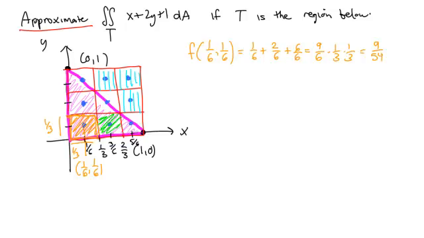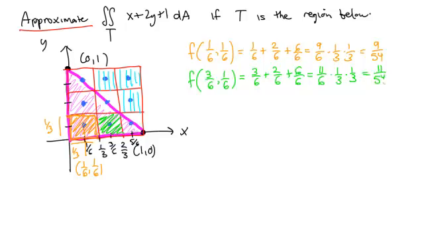Next, I could focus on the second piece. The input value here is going to be the point 3/6, 1/6. So we'll plug that into the function to find its height. The height will be 3/6 plus 2 times 1/6 plus 1, which is 6/6, which will give me 11/6. Then, that's the height of this particular rectangular prism. The base, or the length and the width, are both 1/3, and so that'll give us a grand total of 11/54.